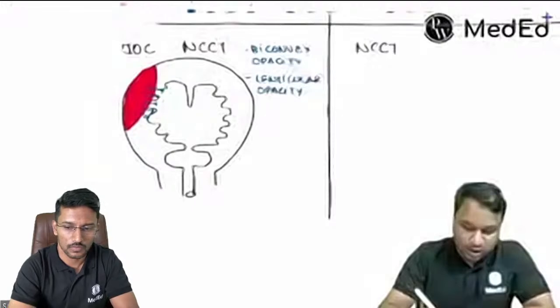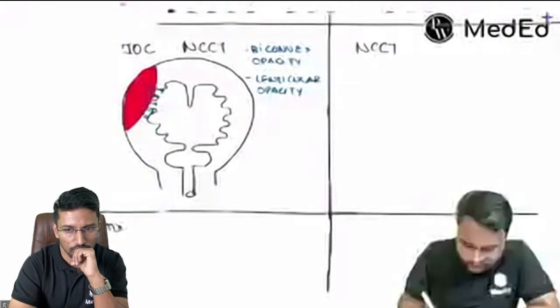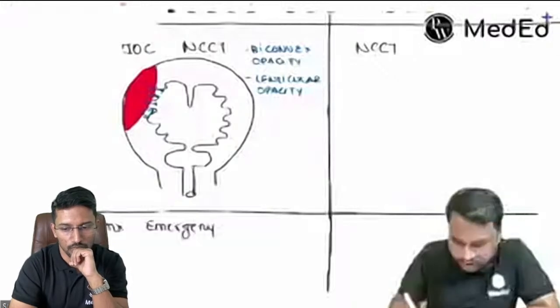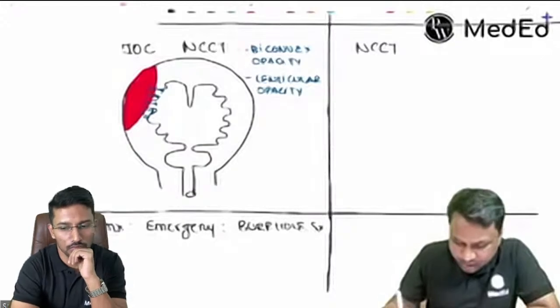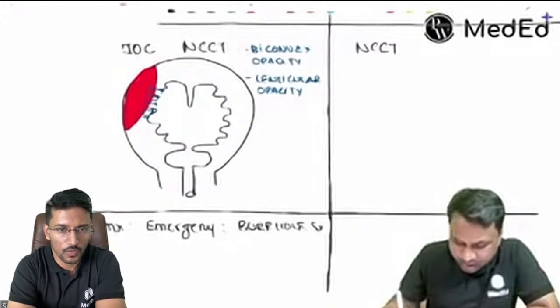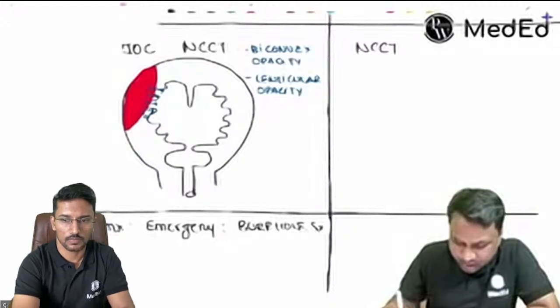Columns of management. Now, in an emergency, I would like to release the pressure. That is going to be the burr hole surgery. But we would like to do craniotomy, and these are the recent guidelines for the indications of craniotomy. The 2022 WHO guidelines have approved craniotomy in these patients in the following contexts.